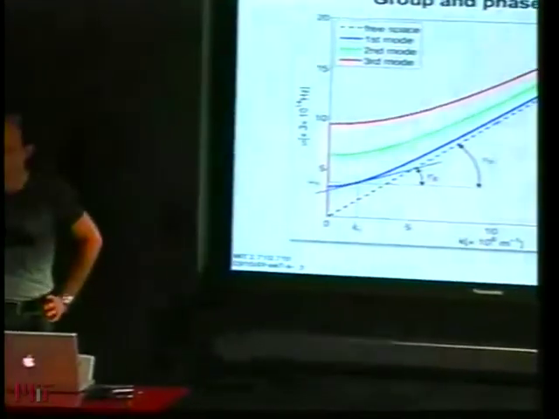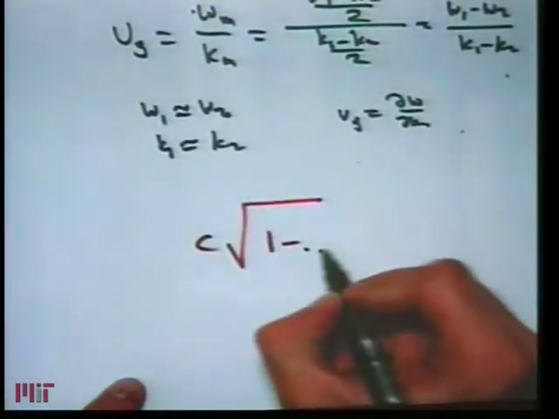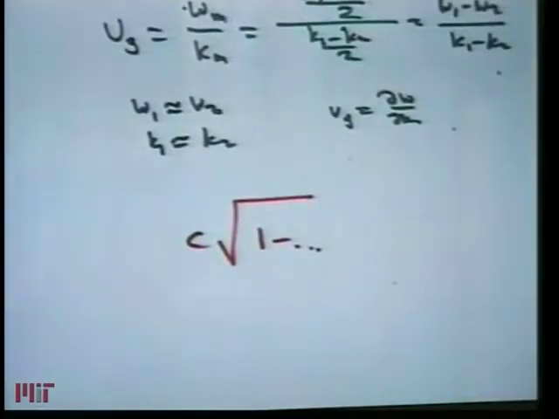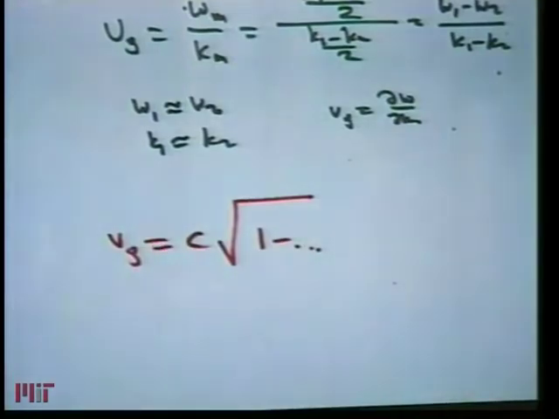It is given by something like c square root of 1 minus something. So the group velocity is always less than c. Okay, so we'll post the corrected version.